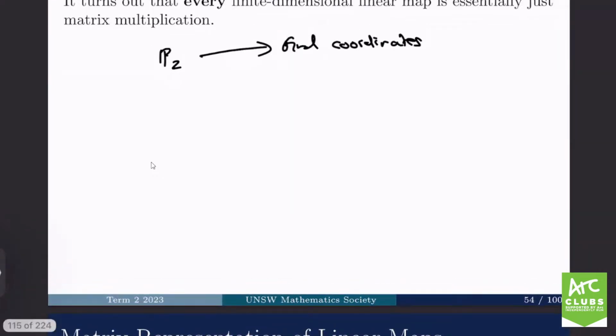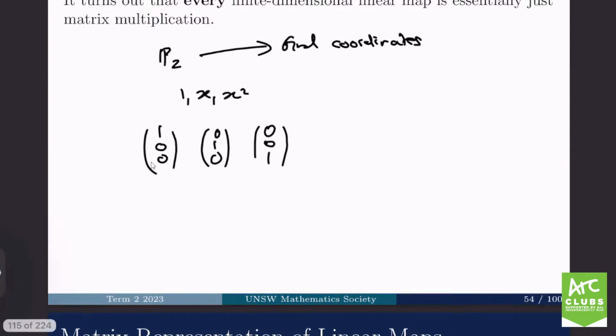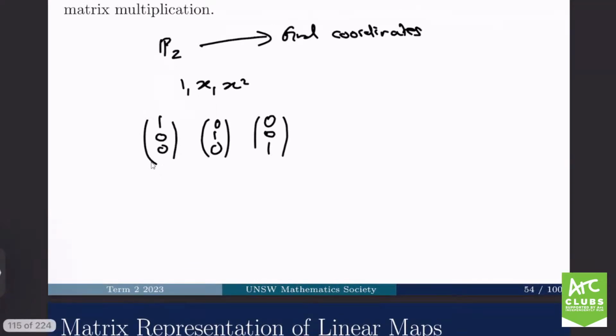For example, 1, x, x squared is our basis for quadratic polynomials, and these would be 1 0 0, 0 1 0, and 0 0 1. Essentially any quadratic we can represent in terms of coordinate vectors, and then any linear transformation we can represent by multiplying by some matrix with respect to that basis.